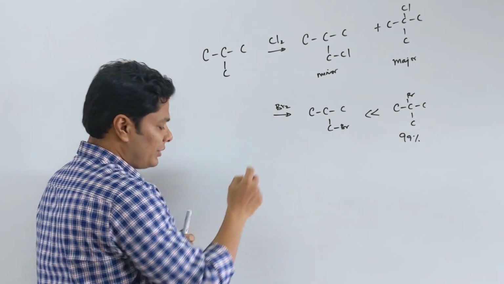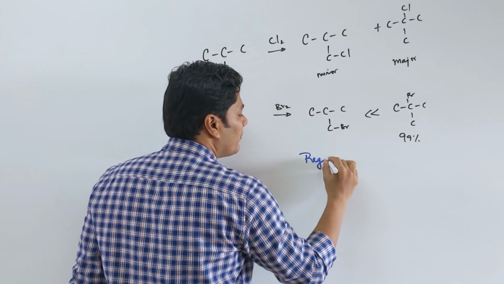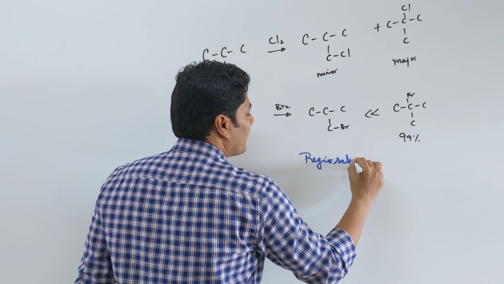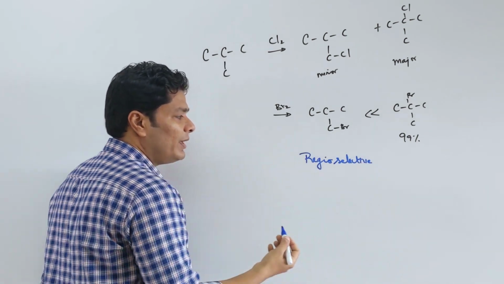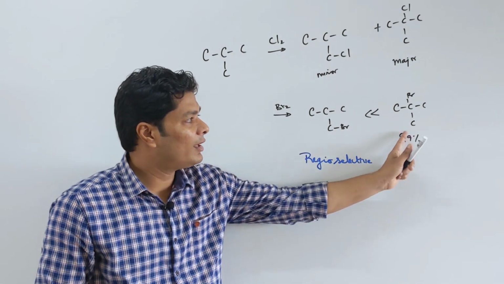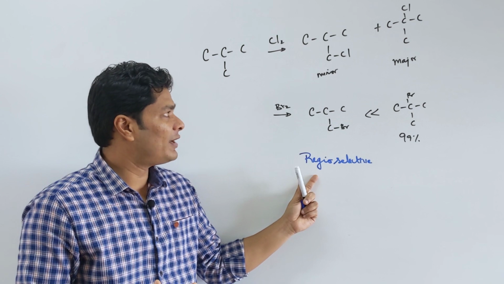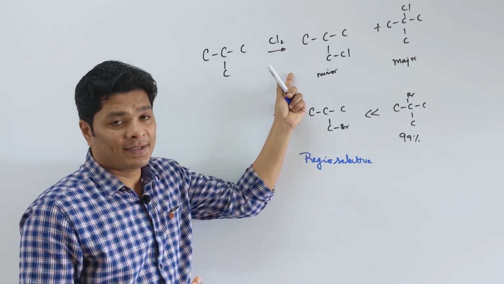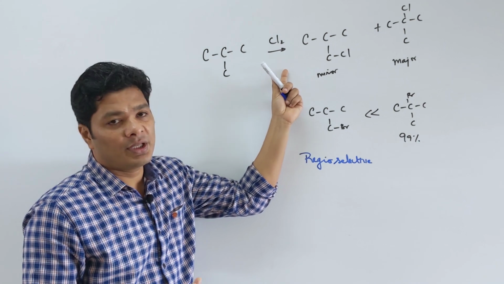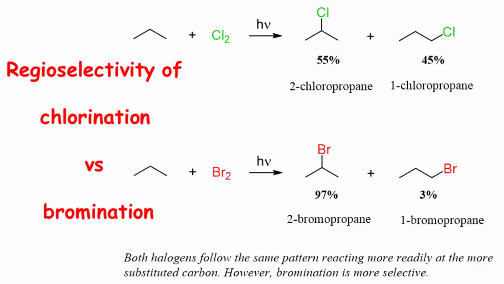So hence bromination is called, you want to just remember this word, regioselective, meaning it selects the region that it wants to be. The region where the bromine is going to be is very, very selective. So bromination is much more regioselective, whereas chlorination is not regioselective because it's fast. Now if this is the case with chlorination, then you can imagine what happens with fluorination, extremely fast.